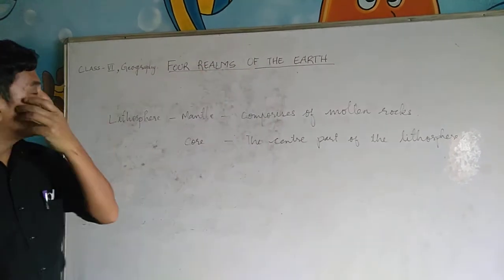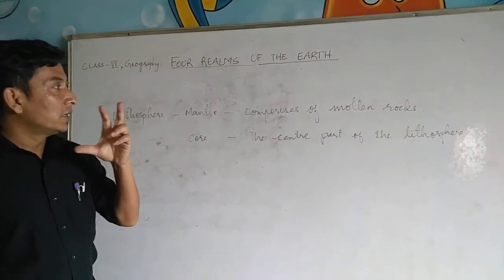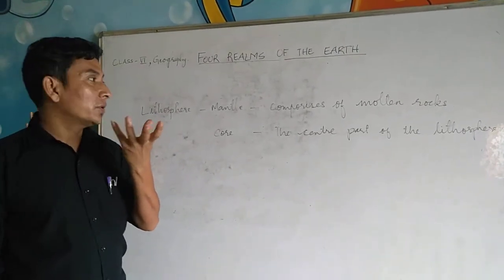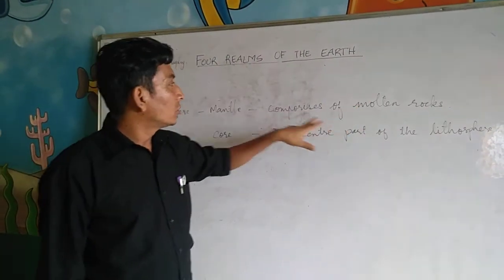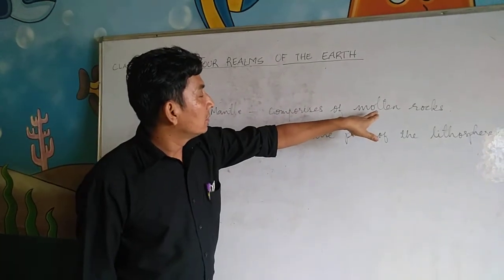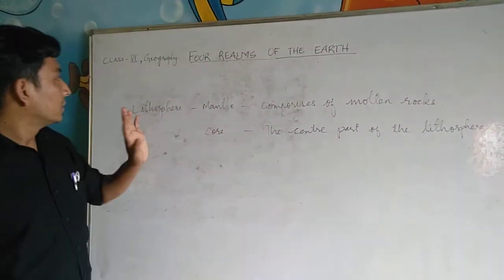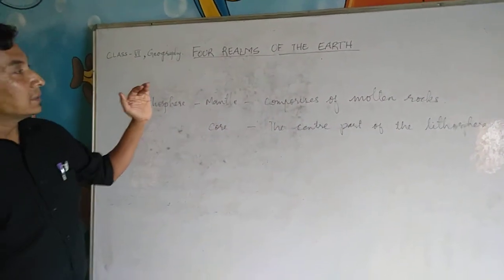Deep inside the earth it is very hot, and the rocks there are in liquid form. That liquid form of the rock is called molten rock.